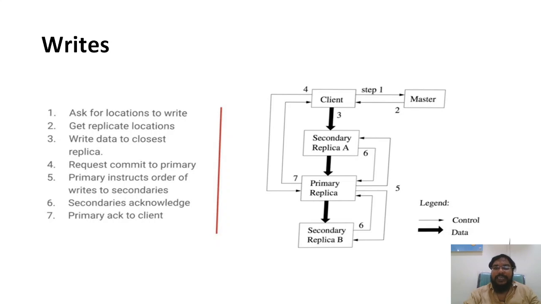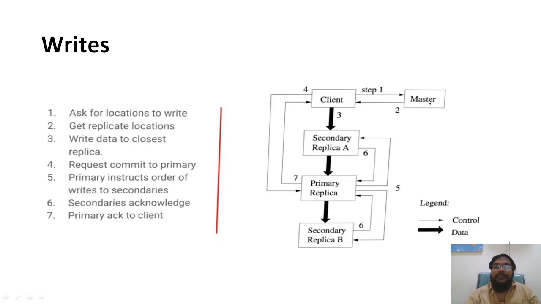As we said earlier, in the cloud the data is stored in three different locations, that is, three replicas will be available. Here, first the client sends a request to the master asking where the locations of my data are, where my data has to be stored.